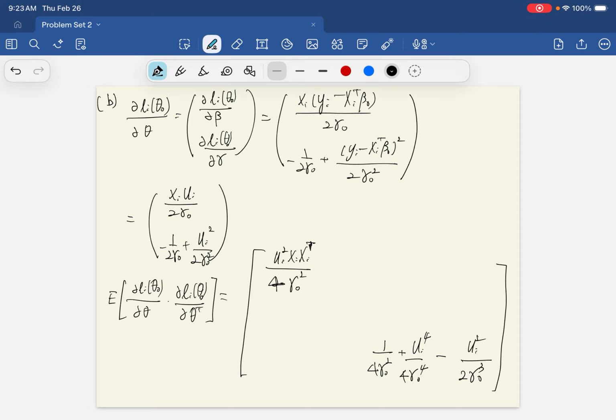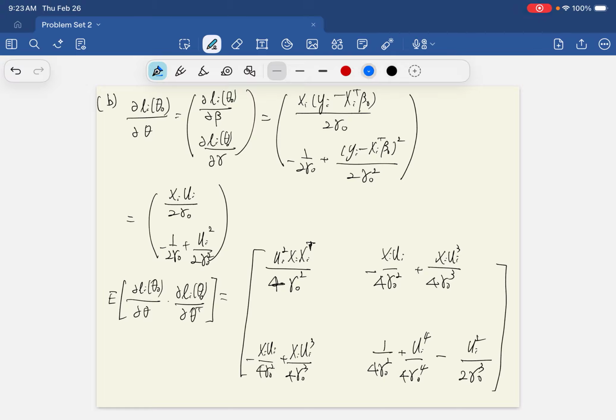Oh, it's getting crazy. And their cross product is minus xi ui over 4 gamma 0 squared plus xi ui cubed over 4 gamma 0 cubed. Okay, same thing in here.